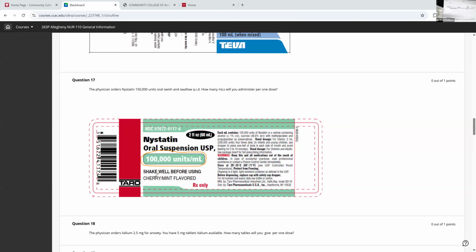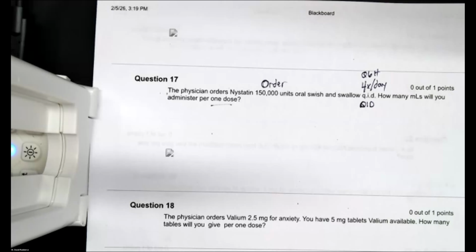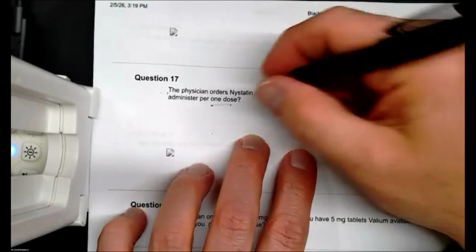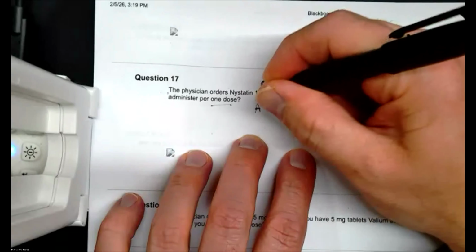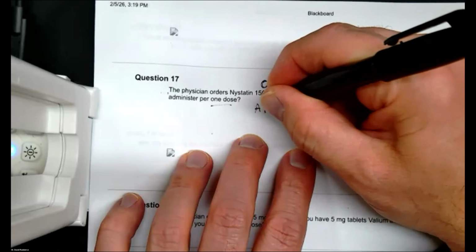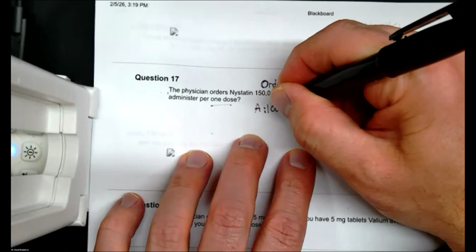Okay. Cherry mint flavored sounds like it might be okay, but I have a feeling they put the mint because the cherry probably doesn't taste good. Anyways, it's 100,000 units per mL. So I'm going to go back to my paper here. My available is the 100,000 units per mL.